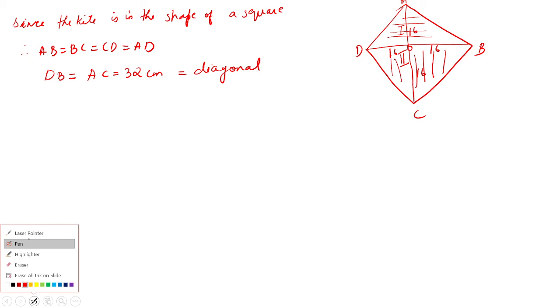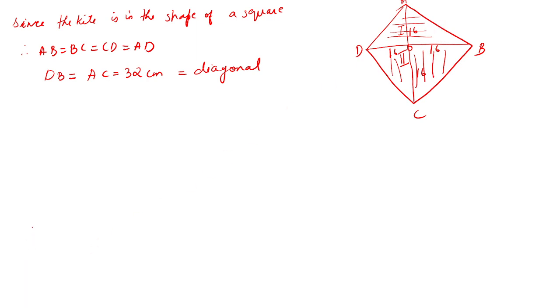The diagonals will intersect at one point O, and that intersection results in a line divided into two equal parts. So this line that cuts through the diagonal DB divides DB into two equal parts, that means OD and OB. So if the diagonal is 32, the two equal parts will be 16 and 16. Clear? Up to this much?